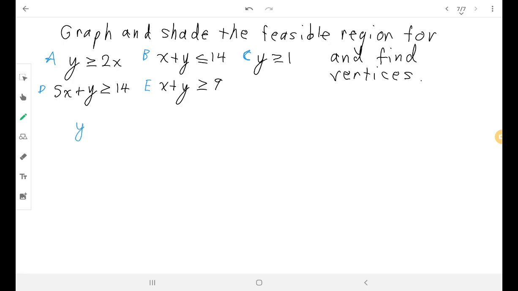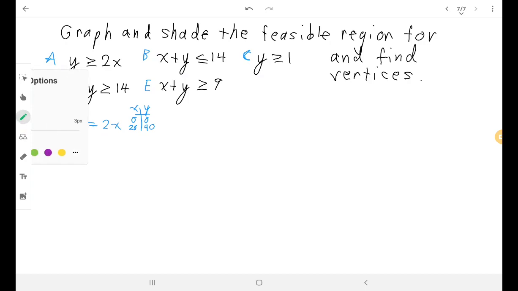If you want to graph y equals 2x, this would be A here. You could just make a tiny table: 0, 0, and what are some biggest numbers that we're looking at? 14, so let me do 20, and 20 times 2 is 40. So that kind of gives me a good spot.